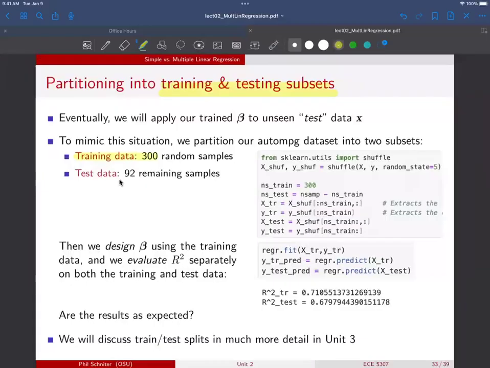And then we'll take the remaining 92 samples and use that for test data. What that means is we make separate quantities like X train, Y train, X test, Y test. And then when we go to do the model fitting, we use the training labels and features.